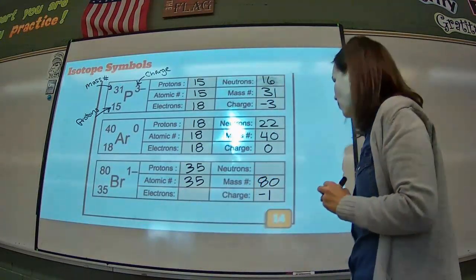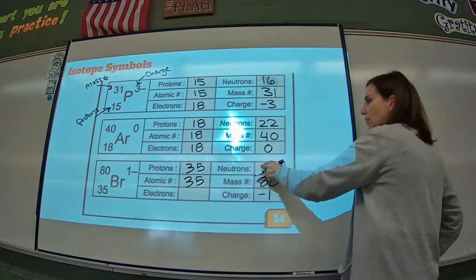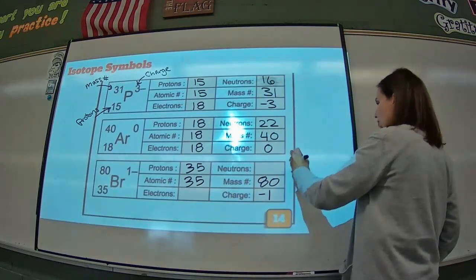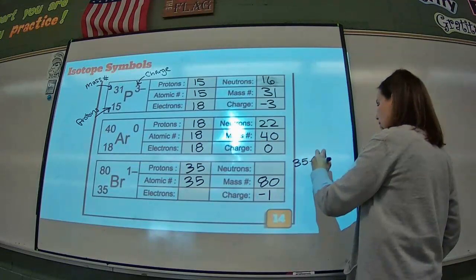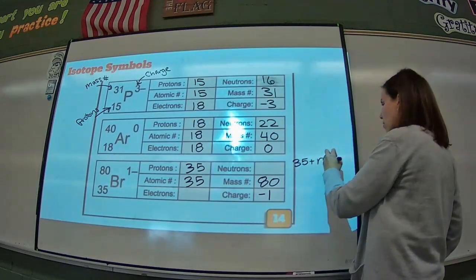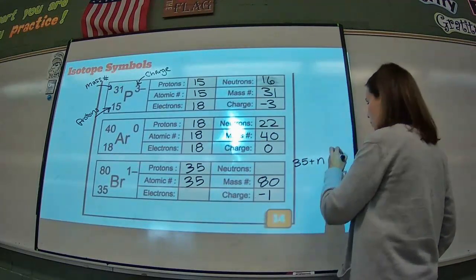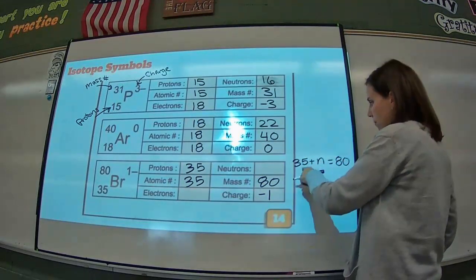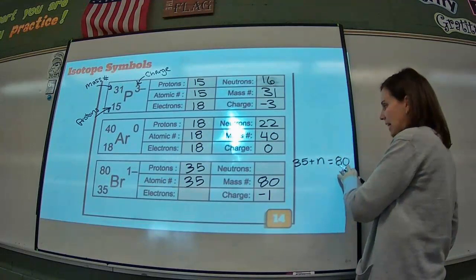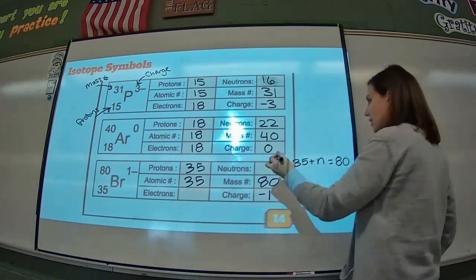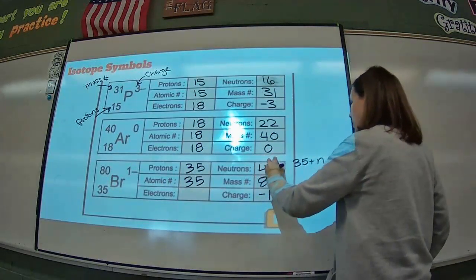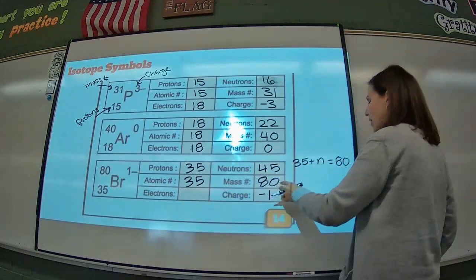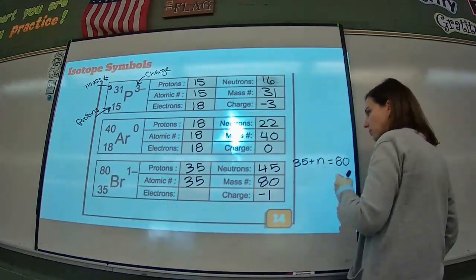So the way that we'll do that, again, let's go after the neutrons. So protons are 35, plus my number of neutrons, which I don't know, is equal to my mass number, which is 80. So what plus 35 would give me 80? I'm going to think about that, and that's going to be 45 neutrons, right? 35 plus 45 gives me 80.